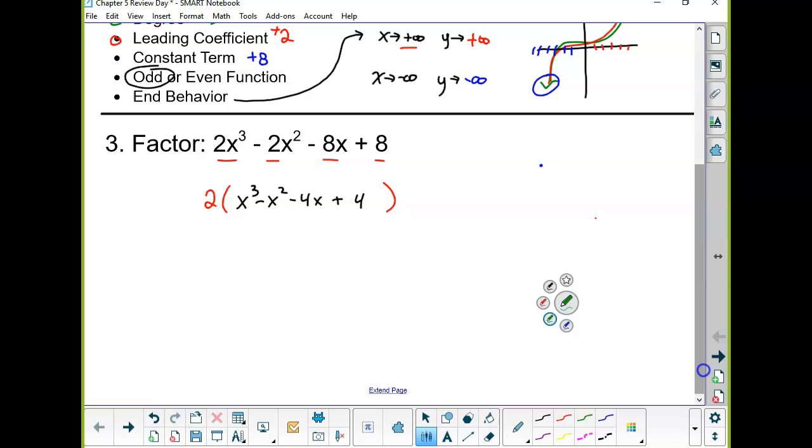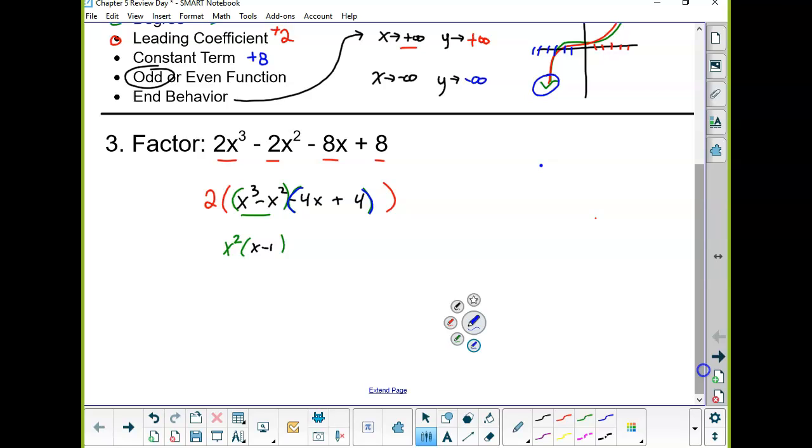What method do we use if I have 4 terms? Grouping. Right? We try to group. It's not guaranteed to work, but I'm going to group the first 2 pieces and the last 2 pieces and factor those out. So from the first 2 pieces, I can take out an x squared, and what's left over is an x minus 1.